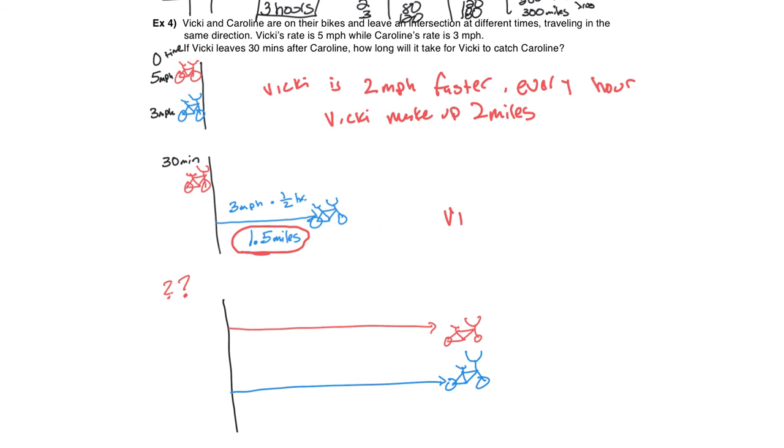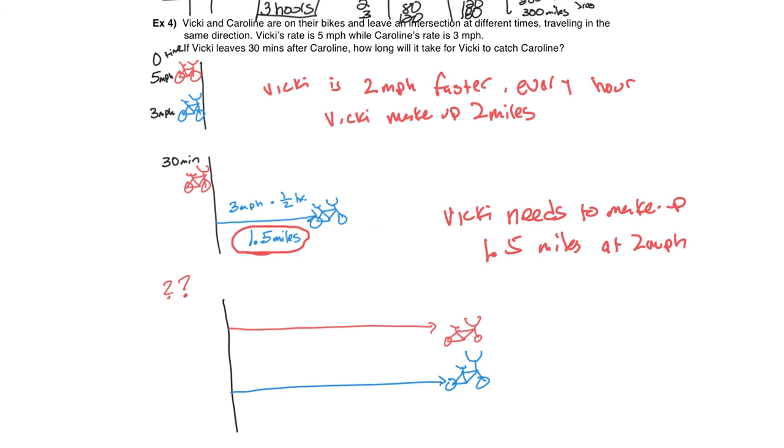So Vicky needs to make up 1.5 miles, and she's doing it at 2 miles per hour. So in 1 hour, she'll have made up 2 miles, but she doesn't need to go that far.